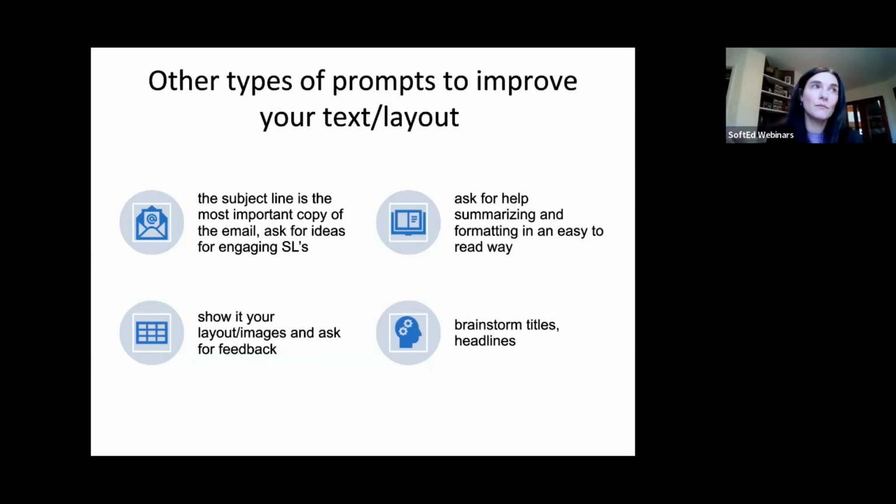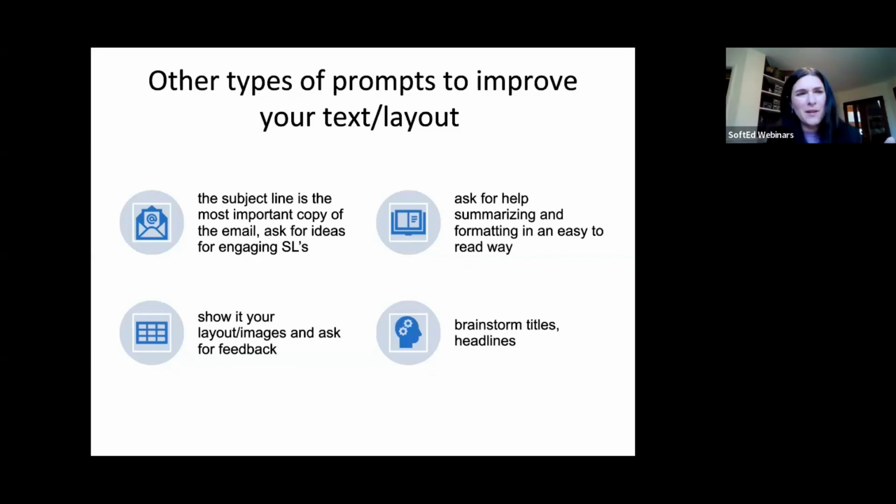So if you're looking for ideas for how to make a subject line interesting, ChatGPT can give you a whole list of engaging subject lines. You can ask it for feedback on your layouts, your images, screenshots of slides, screenshots of landing pages, whatever it is, especially if you're not very design oriented.